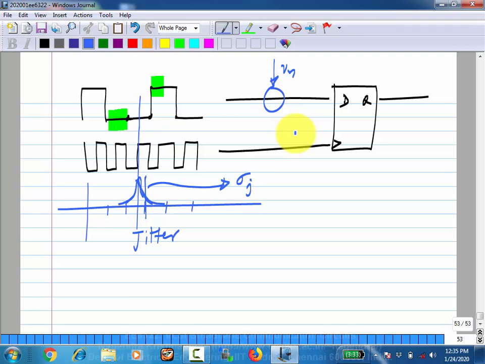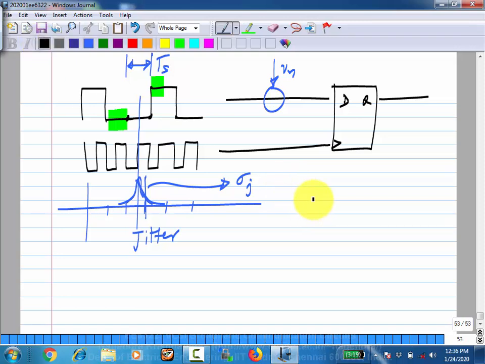So what is the probability of error? Let's say this bit interval is Ts, okay? So now how do you compute the probability of error? Okay, so what is it? The probability of this edge going off to the right side, to the wrong bit interval, is how much?